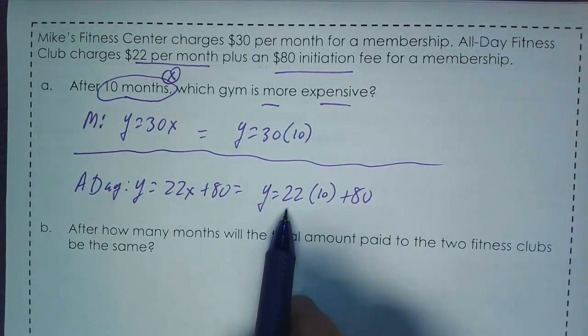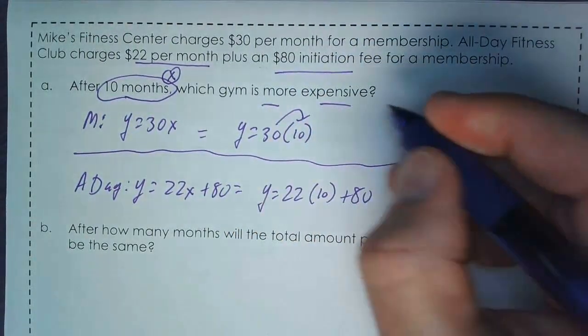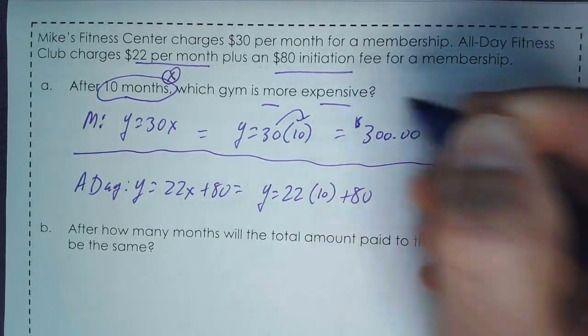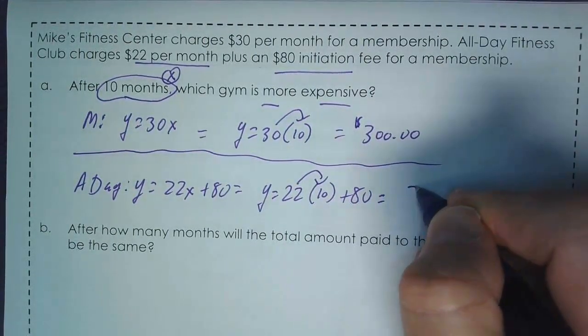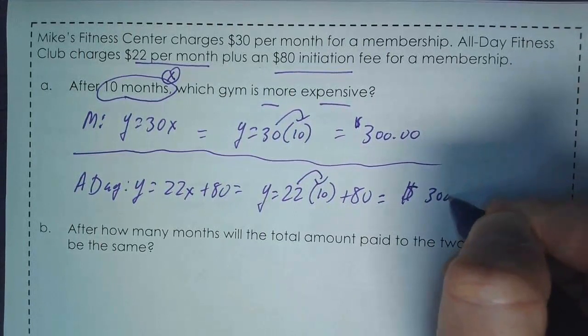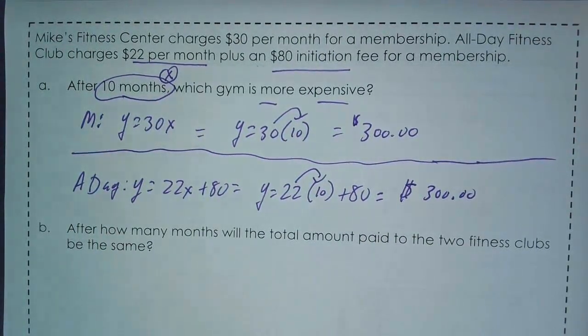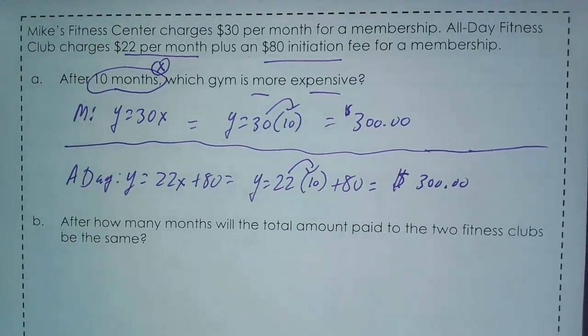Make sure I got this right. 22 times 10 plus 80. Okay. Distributive property. $300 after 10 months. That's also going to be $300. So they charge the same amount after 10 months of being with that fitness center.